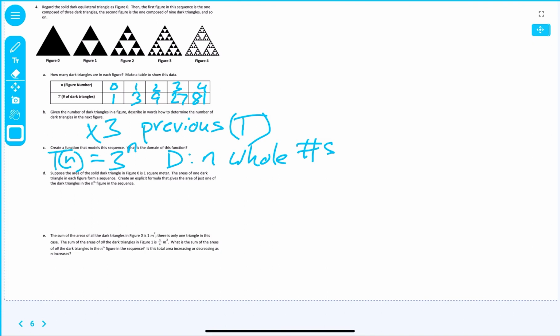So all you have to do is say A of n is equal to what? Instead of 3, because we don't care about dark triangles, we care about the area, right? Didn't it say the area was what? 1 square meter, the area of one dark triangle in each term forms a sequence.